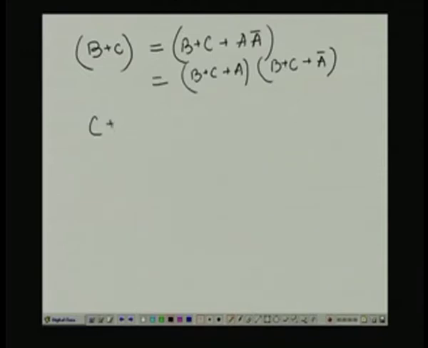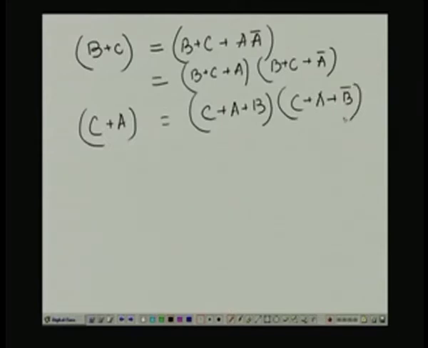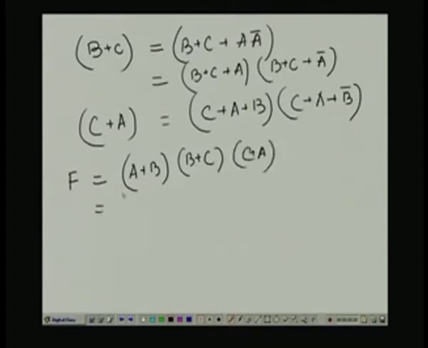Similarly, my C plus A becomes (C + A + B)(C + A + B'). Now, my F will be (A + B)(B + C)(C + A), which becomes (A + B + C)(A + B + C').